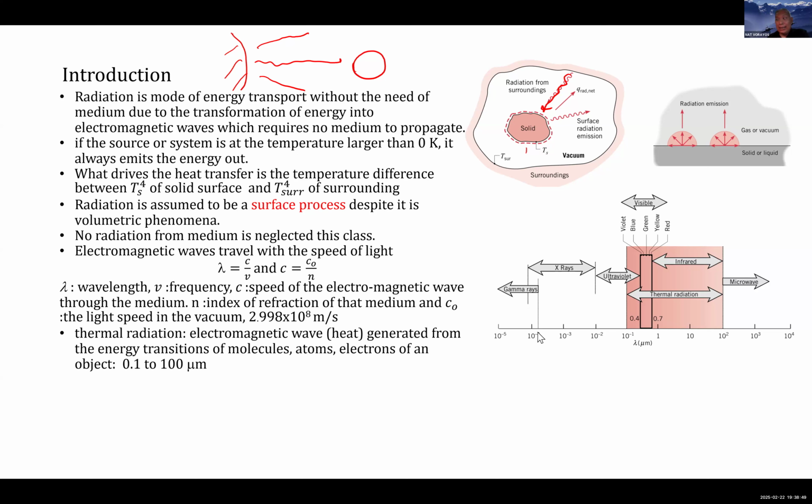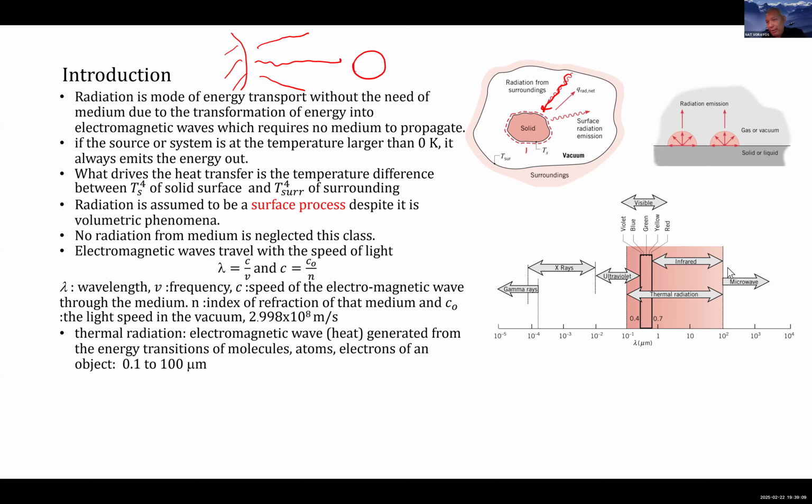When lambda is low, meaning frequency is high. When frequency is high, it contains so much energy. Okay? So gamma ray contains so much energy.